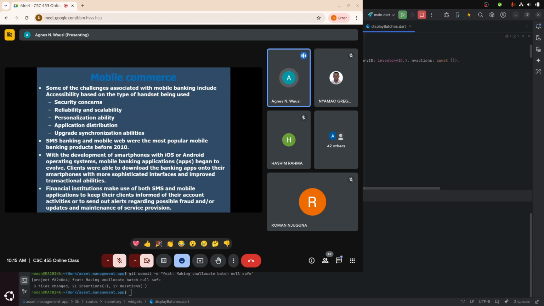You have different kinds of services, and sometimes you may go to a region and you find that your mobile app is not able to work as it should. And so you will find sometimes it's much easier to use your SMS or the USSD functionality. And so you find a lot of institutions have both platforms.